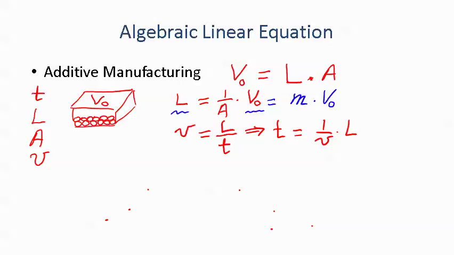However, we also know one expression for L, so we are going to substitute that expression. L is 1 over A times the volume of the object.